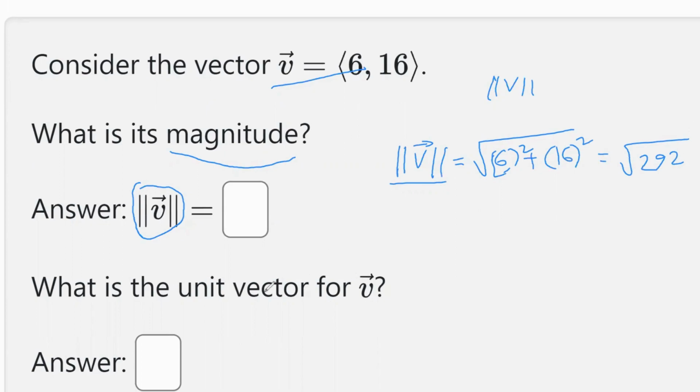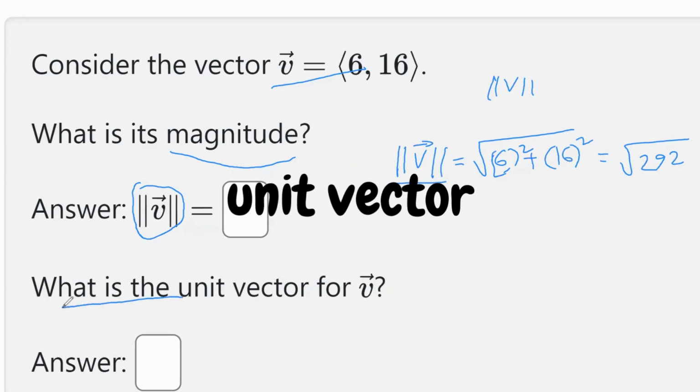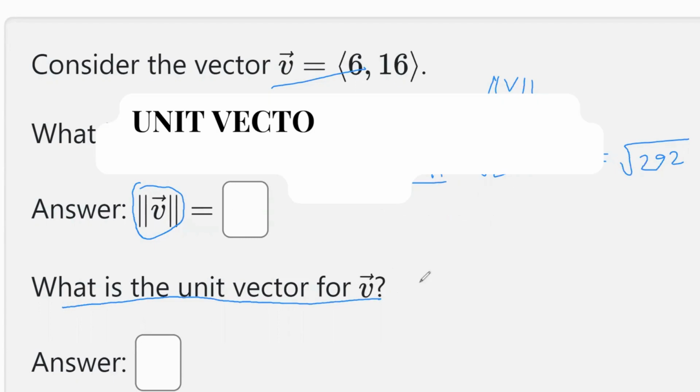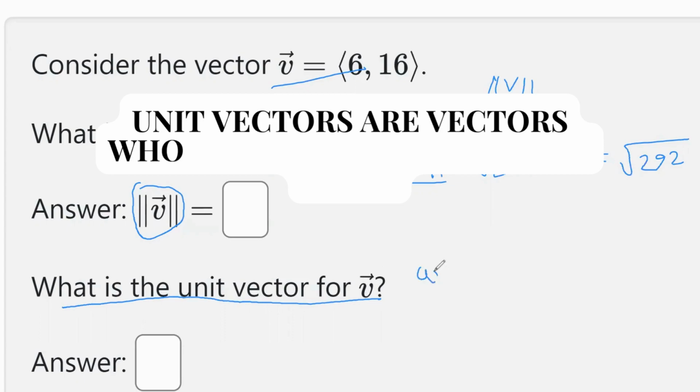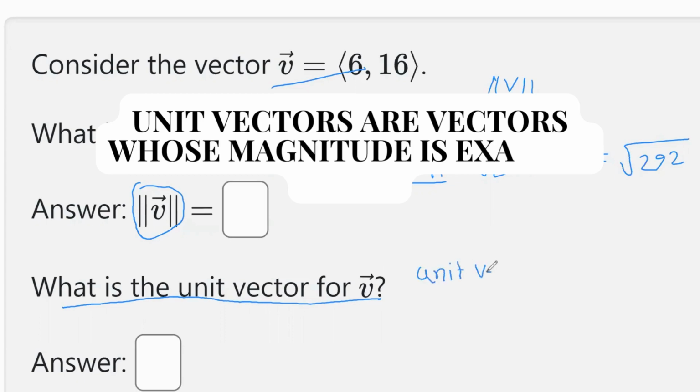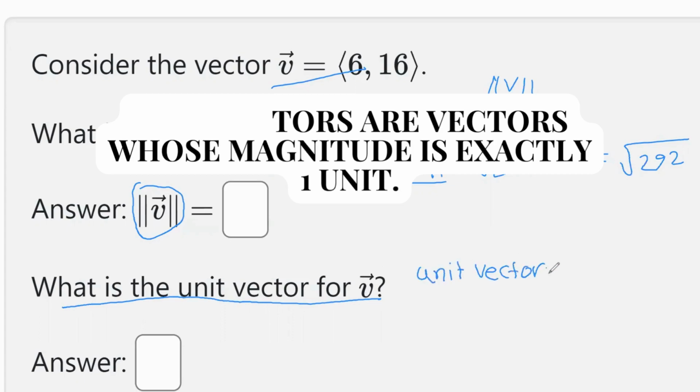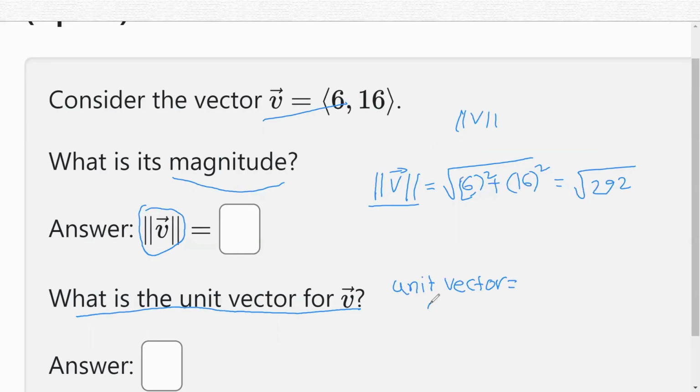Now they're asking, what is the unit vector for V? So how do we find the unit vector? This is the formula that you have to remember to find the unit vector. It's 1 divided by the norm, times the vector V. For each of the components, we have to do that.